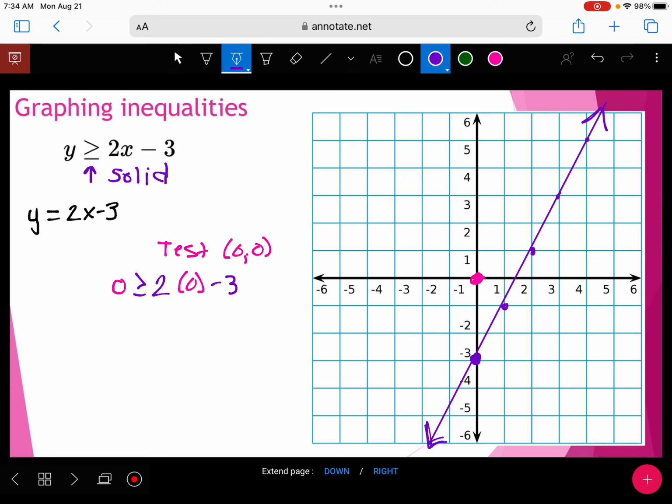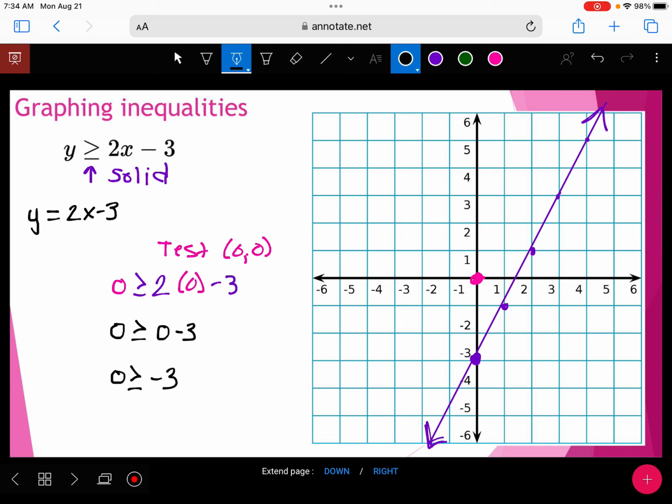And we want to know if that's true. So we have to simplify it. 0 greater than or equal to 2 times 0 is 0 minus 3. What is 0 minus 3? Negative 3.